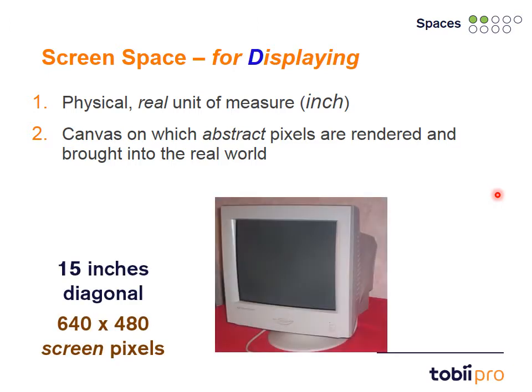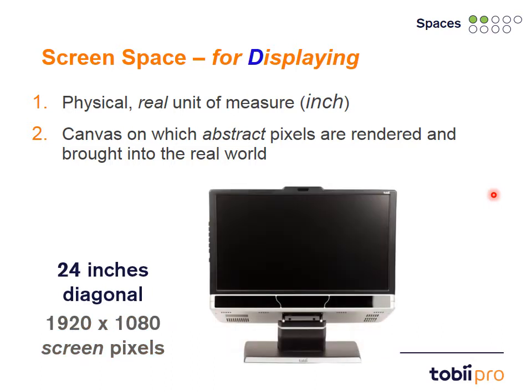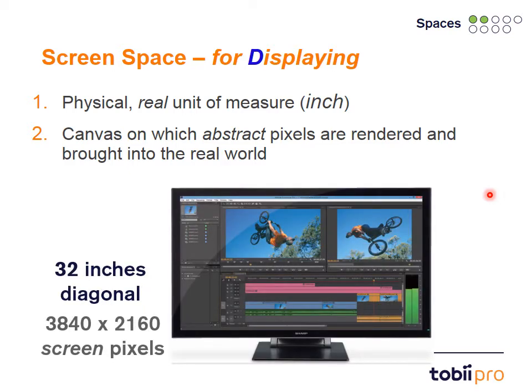So for example, in years past, a 15-inch diagonal monitor could have rendered 640 by 480 pixels. A modern monitor, such as the one found on the TX300, could render 1920 by 1080 pixels across a screen that's 24 inches diagonal. And the modern state-of-the-art would be something like this 32-inch diagonal 4K display, which has significantly more pixels than the Full HD.